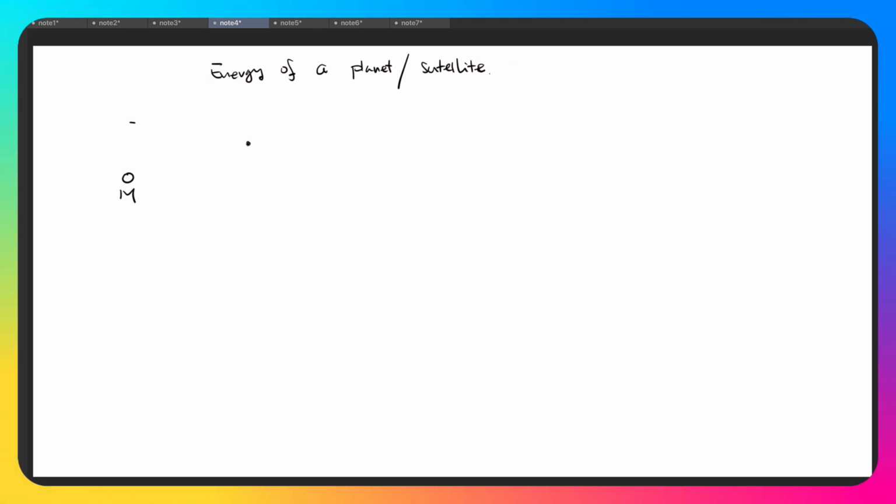So here's the little m. Little m here represents either a planet or a satellite going around the sun. For a satellite, it has mass m and goes around the Earth, which has mass capital M. So we have either the sun or the Earth that has mass capital M.